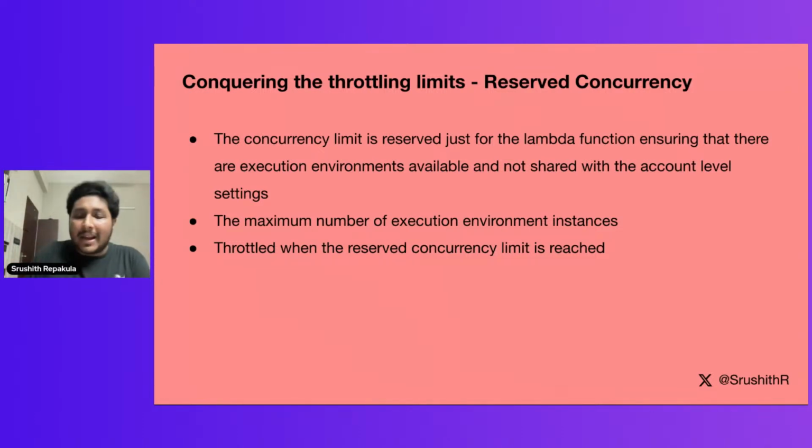Only so many Lambda functions can come up, so that those many can talk to SES and send the emails. That way, even though my SQS can scale and my Lambda functions can scale, my SES account cannot, so I am limiting. That way, we conquered the send rate, which is the number of emails per second. So that is about reserved concurrency.